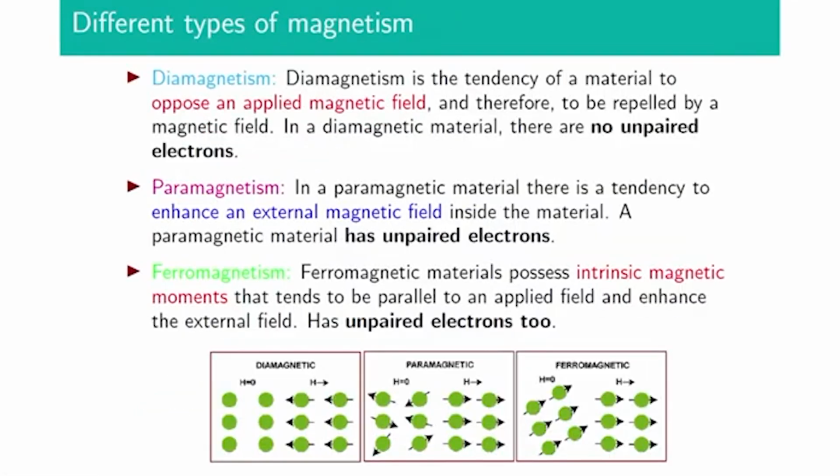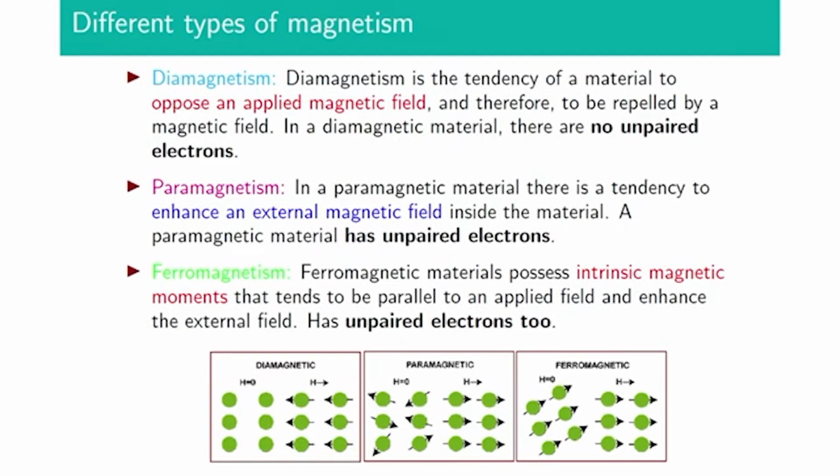So, the different types of magnetism that we are going to talk about here begin with diamagnetism. Diamagnetism is the tendency of a material to oppose an applied magnetic field, and therefore, it is repelled by a magnetic field, or rather the ordering takes place in a direction which is opposite to the field.